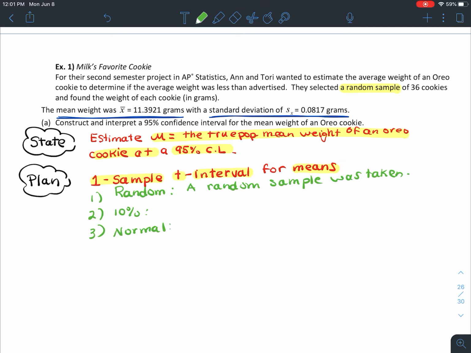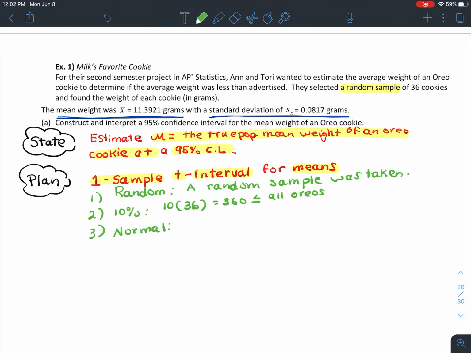We do that specifically when they're taking samples and not replacing in between drawing out samples, which they obviously would not be putting a cookie back in when they drew out these 36 cookies. So we're doing 10 times 36, that's 360. Certainly we could conclude that 360 is less than or equal to all of the Oreos in the Oreo population here. And now we're down to checking off the normal.